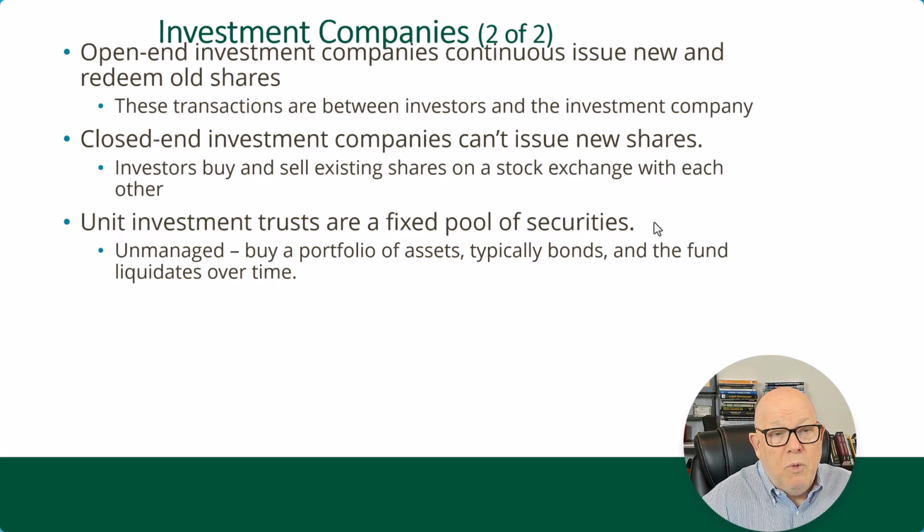In the extreme, we call that a unit investment trust. So if it's actually designed that it's going to liquidate at a particular point in time, then they typically use a structure called a unit investment trust, where they buy, say, a pool of bonds, and then as the bonds mature, they distribute that money to the individual investors.